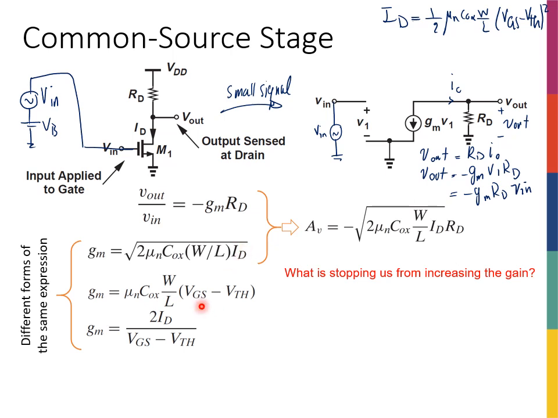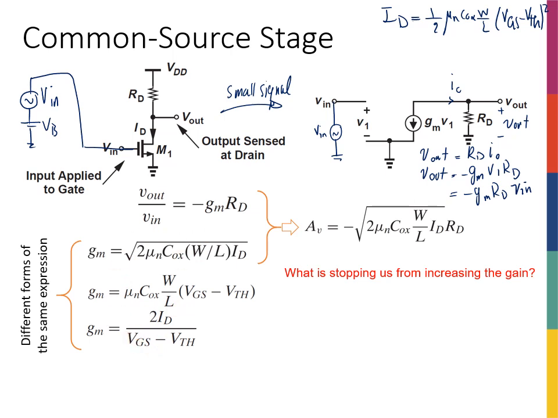Sometimes you don't have the current, you just have the gate-source voltage VGS, so you use this expression. Sometimes you have ID and VGS minus VTH, and you don't have these other parameters. So depending on what is given to you in the question, you can use any of these equations to get to the gm that you want.